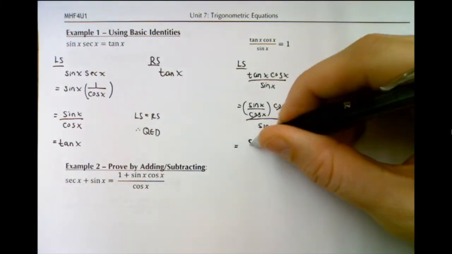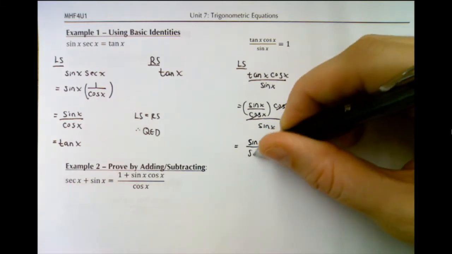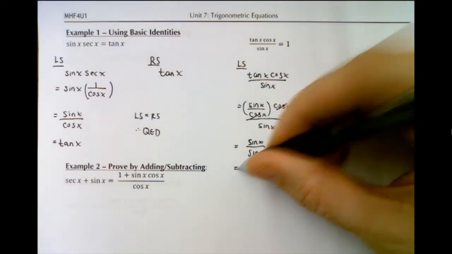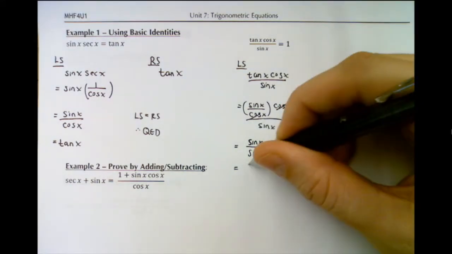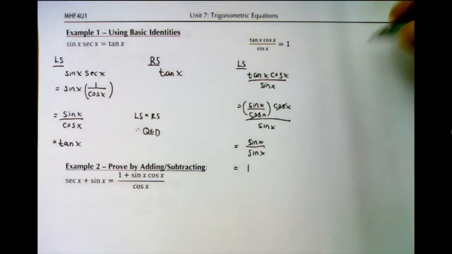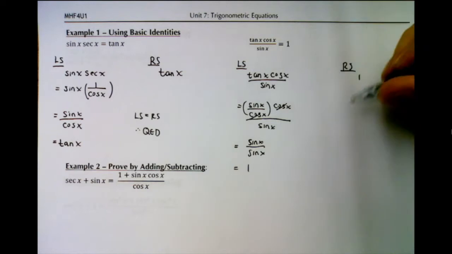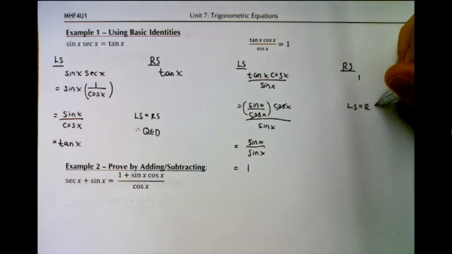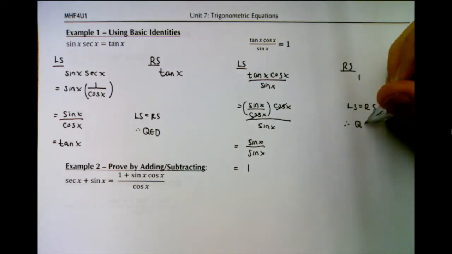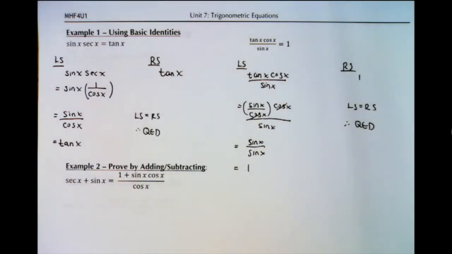So we're just left with sine x over sine x, and sine x divided by sine x, those are the same, is 1. Our right side was 1. Therefore, left side equals right side. We have demonstrated the proof. QED. Okay, so that's using basic identities and writing everything in terms of sine or cos to prove a trig identity.